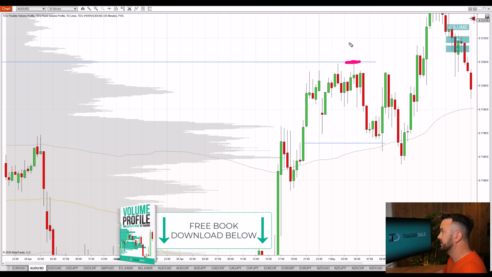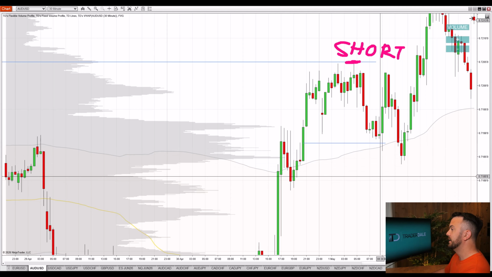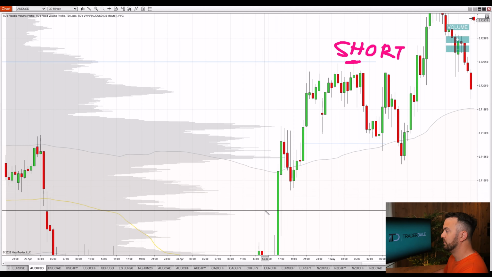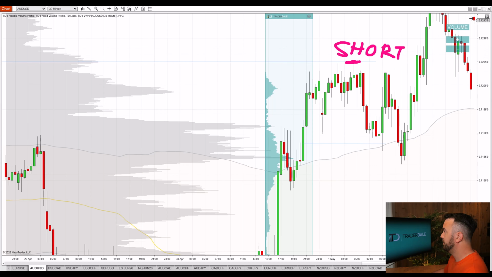So here was the short, and then I was looking for an ideal place to take profit. What I usually do is I use volume profile like this, and I like to place my take profit before the price reaches a heavy volume zone. In this case, this was the heavy volume zone, and this was my take profit.